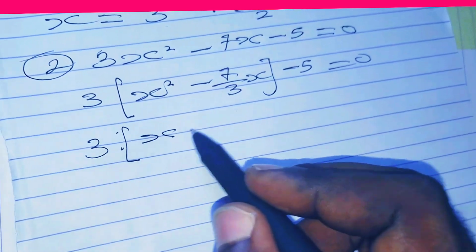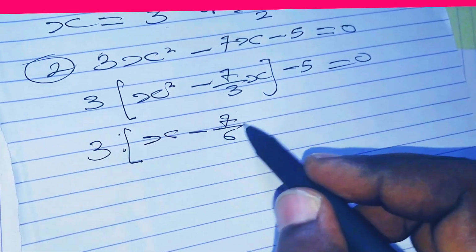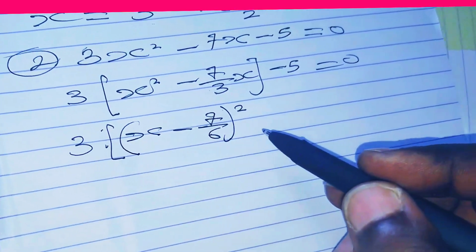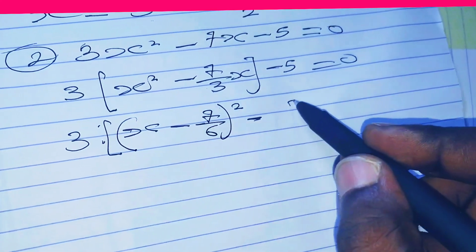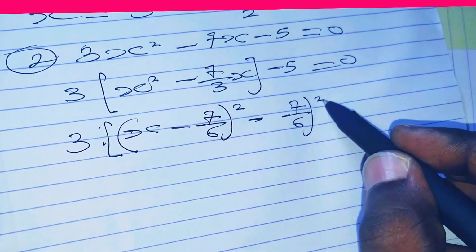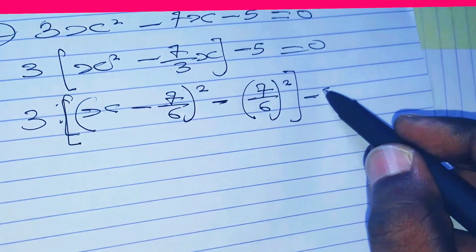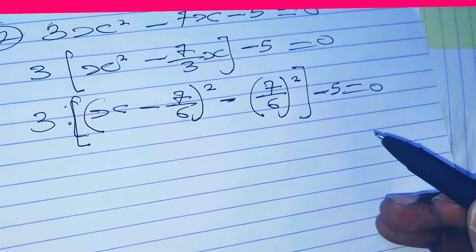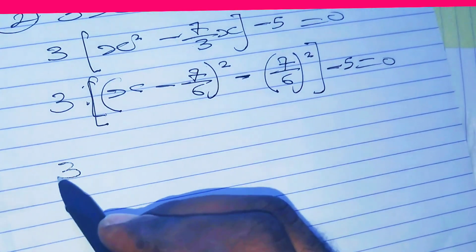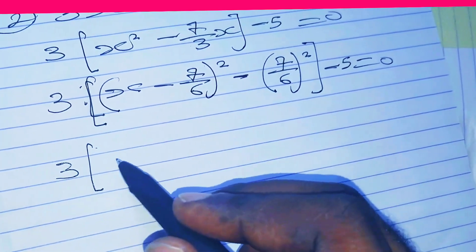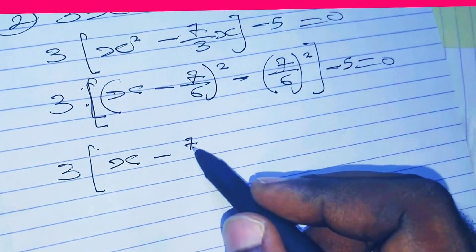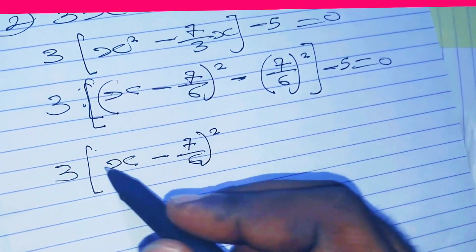Okay, so we have x minus 7 over 6 squared this way, and then minus 7 over 6 squared, and then you put this in a bigger bracket, and then minus 5 equal to 0. Okay, so 3 in a bigger bracket, x minus 7 over 6 squared.